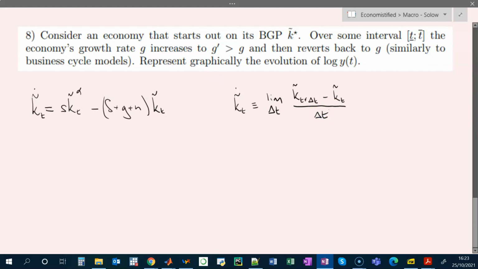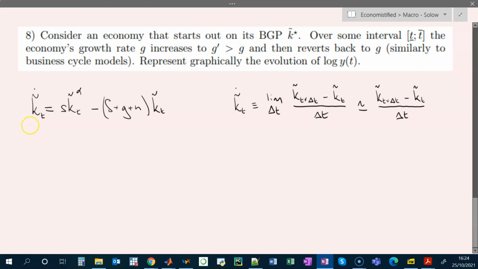That's just the definition of a derivative. And I'm saying it's approximately equal to k at t plus delta t minus k at t, divided by delta t. So not a limit anymore, but just a finite difference, delta t.